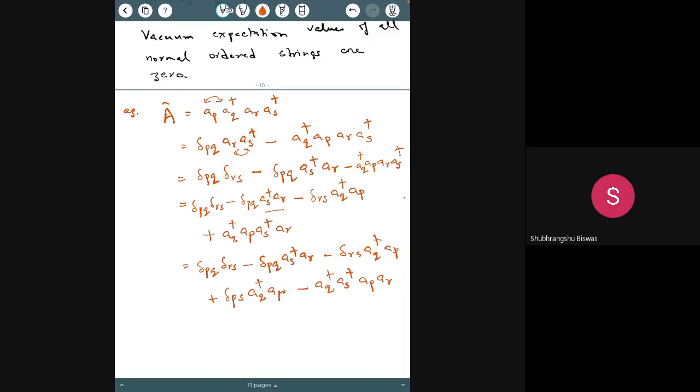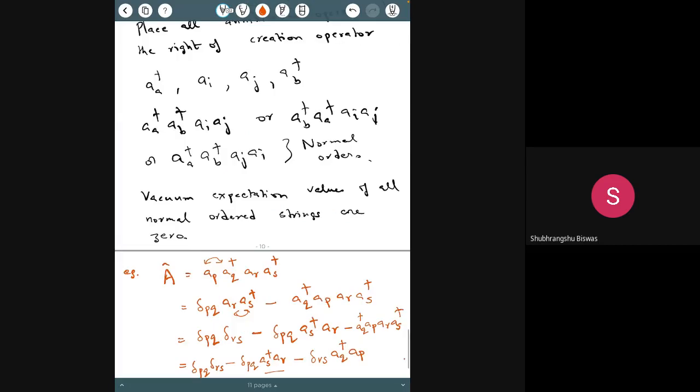So an operator which was an arbitrary string in an arbitrary order can be rearranged to give you a linear combination of strings which are all in normal order. This is a little bit different from what I said here.